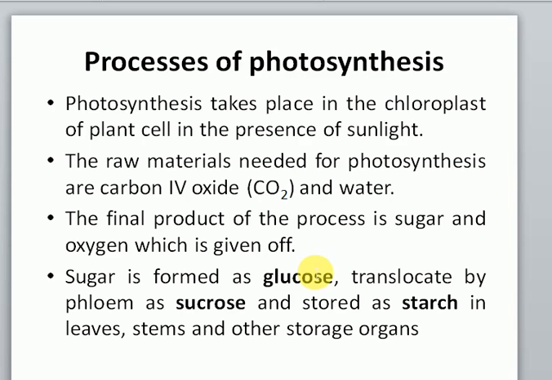If you've watched my video on transport system in plants, you see that phloem is the one that is essential for carrying manufactured food that is translocated around. When it is being taken around, it is then stored as starch in the same leaf, in the stem, or in storage organs such as fruits or tubers, as the case may be.